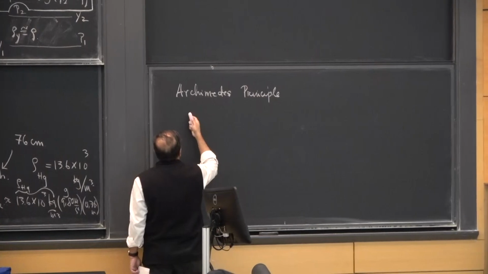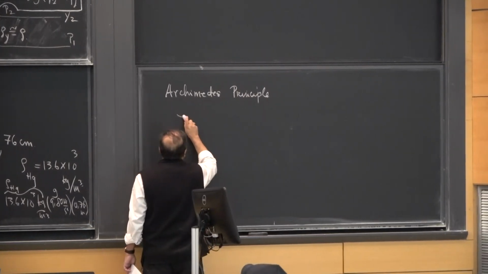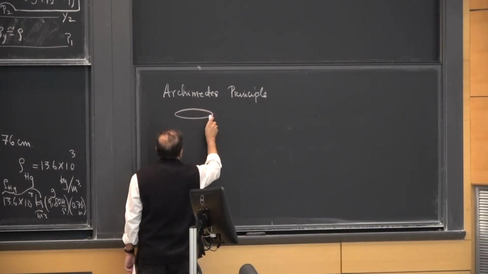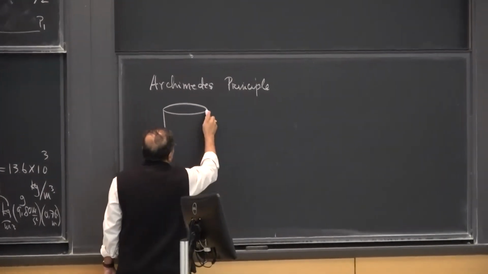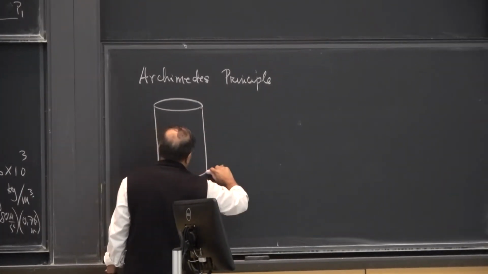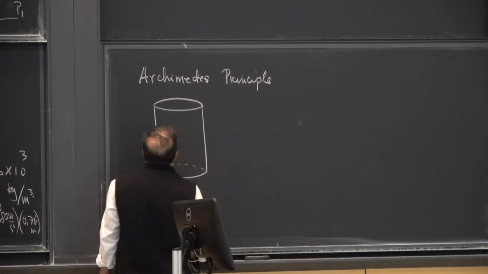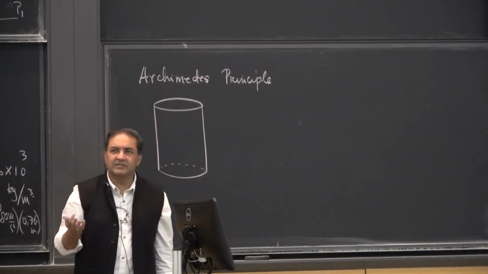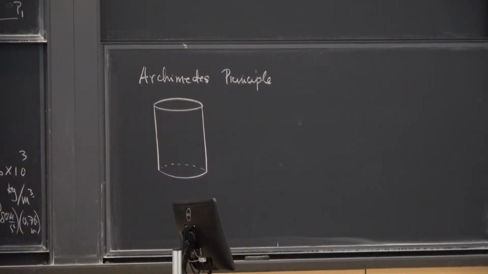Suppose I take an object. For convenience, let's take a cylinder. And I put the cylinder in a fluid. And I make sure that the cylinder is not super heavy, so that it doesn't sink in the fluid.